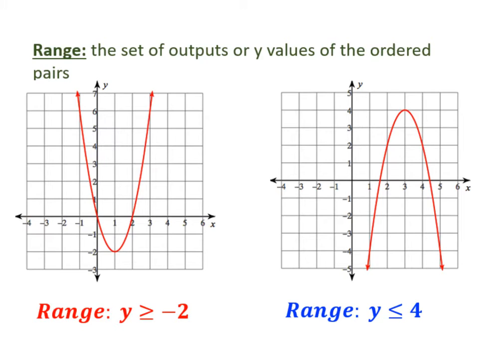Now, if I look at the first example, the range is y is greater than or equal to -2 because our smallest y value is -2 and it's everything above this. For the second one, the range is y is less than or equal to 4 because the highest possible y value is 4 and it's everything below this.